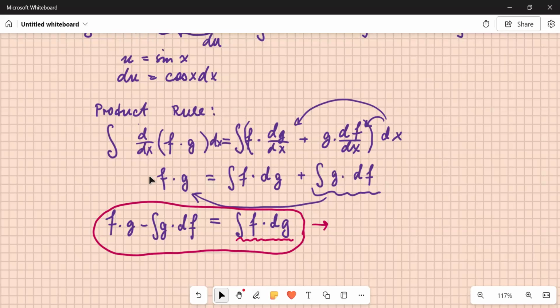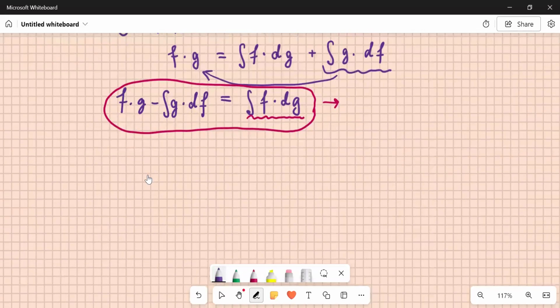Okay, let's use this rule on something just to see how it works. I'm going to start with a very basic example. My example number one is going to be the integral of x multiplied by sine of x dx. No substitution is going to solve this problem.